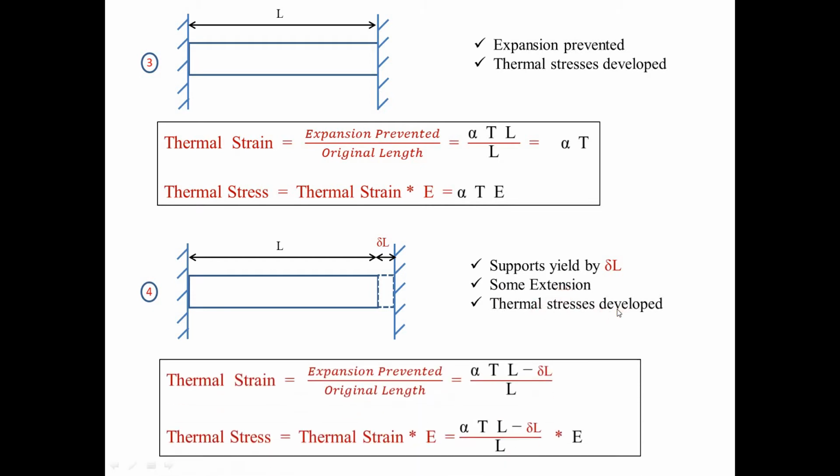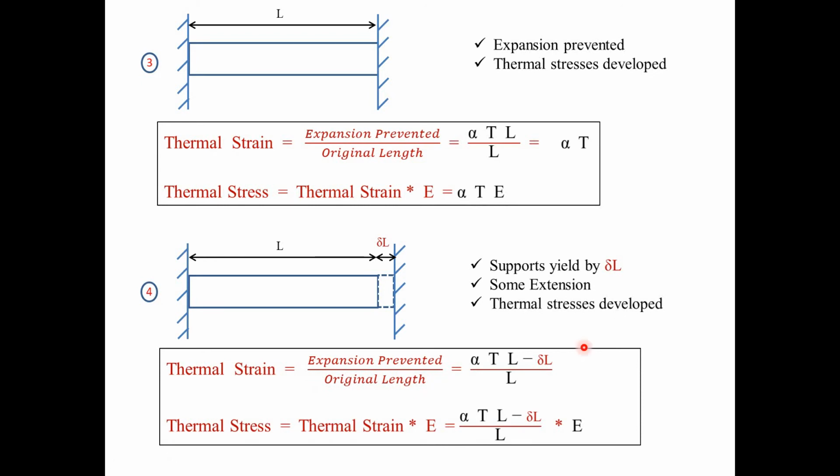For such cases, thermal strain will be equal to expansion prevented, that is alpha T L, the overall length, minus delta L. We are allowing the expansion, so this is the expansion prevented upon the original length. We have the formula thermal stress is equal to thermal strain multiplied by E, so the formula is alpha T L minus delta L upon L, into E.